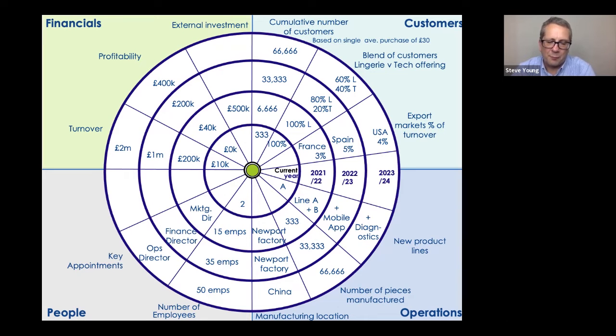A really important one on people, I find, often is key appointments. You know, businesses don't grow by themselves. They grow because, I guess, innovative, experienced people who are there to make big decisions make those big decisions.